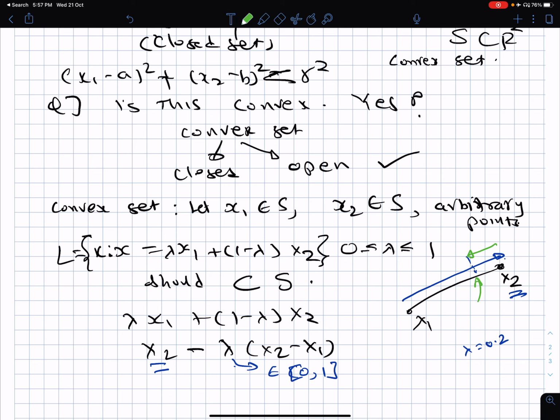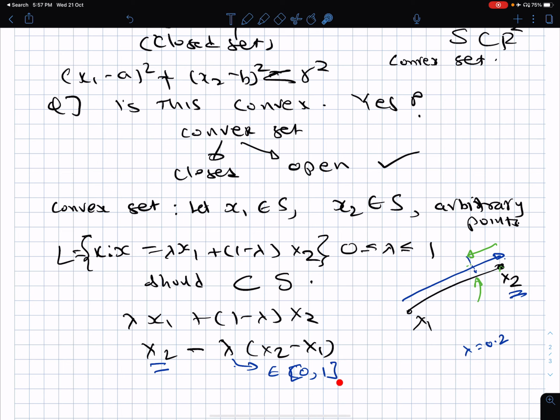What I am trying to explain to you is that if I let lambda go from 0 to 1, at lambda equal to 0, I am exactly at x2. At lambda equal to 1, I will be at x1, and if I take lambda in between, like 0.2, I will walk that fractional distance back and be at some point on this line segment. So this is what is called a convex combination.